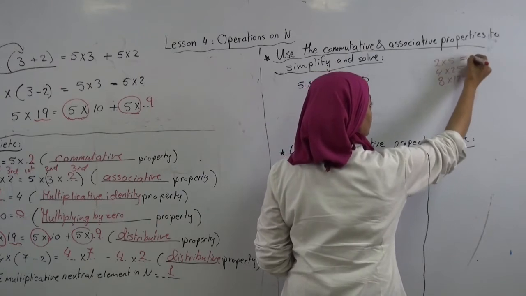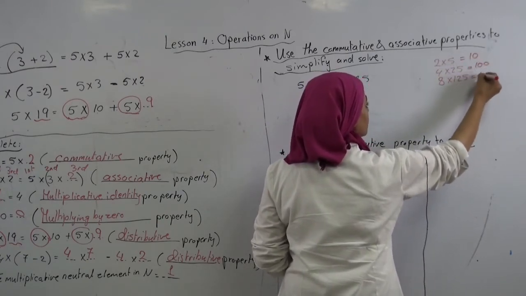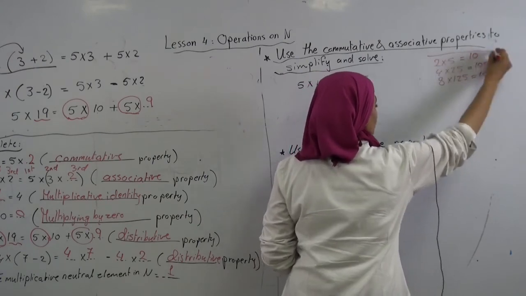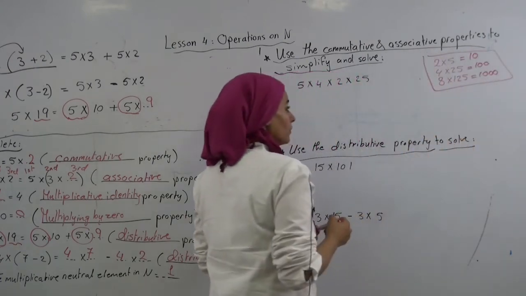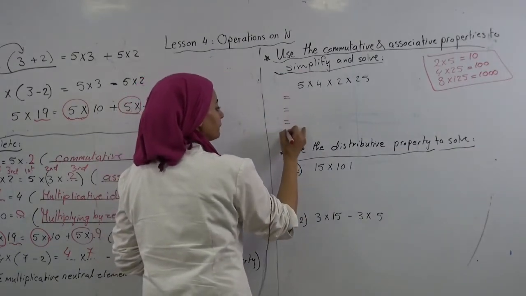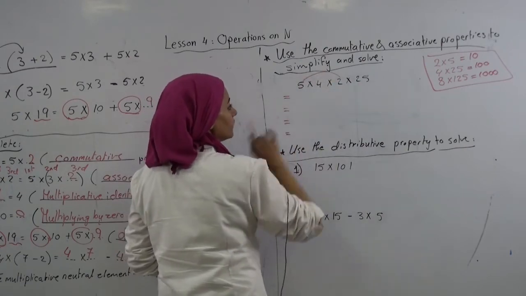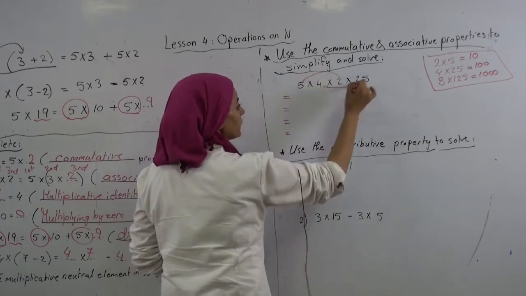Because 2 times 5 is 10, 4 times 25 is 100, 8 times 125 is 1000. We are going to study them. So to use, we need 4 lines. Okay? First, we bring the friends together. 5, its friend is 2, and 4, its friend is 25.